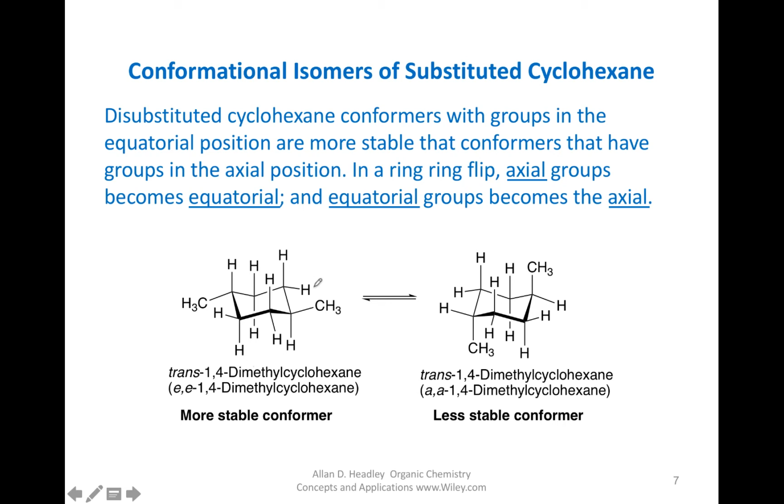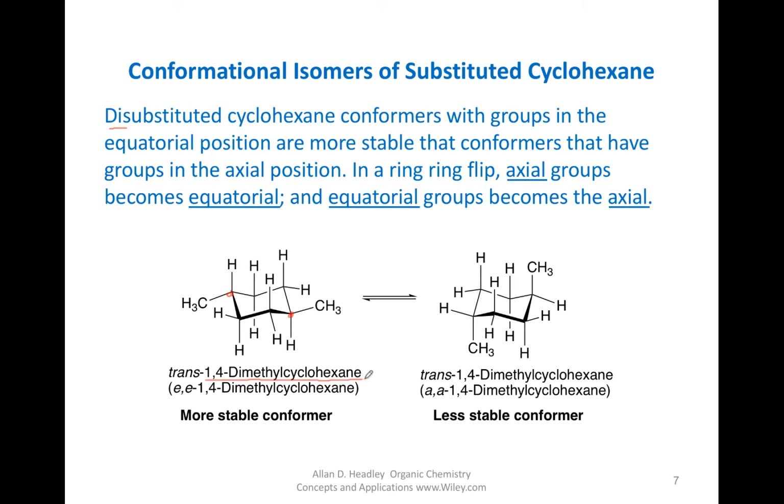Let us look now at disubstituted cyclohexane. In this case, we have a 1,4-dimethyl cyclohexane. Here it is.